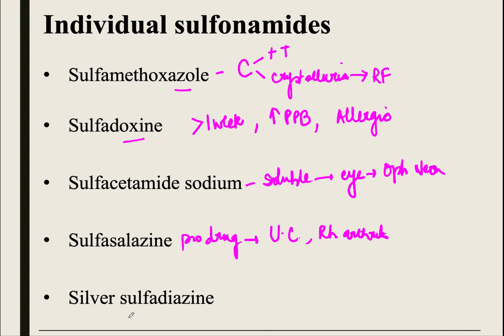Silver sulfadiazine is the topical drug. It is very common, and it is used as 1% cream over burns and ulcers. It prevents bacteria, any pyogenic infections in them, and the silver salt here is responsible for the antimicrobial effects. So these are important individual points about the sulfonamides, right?